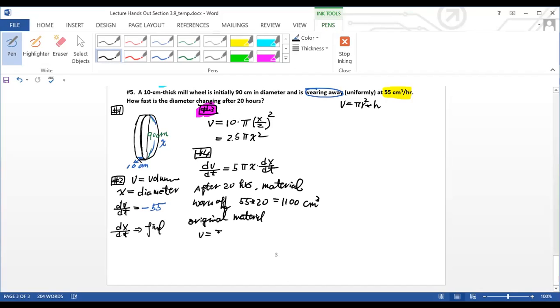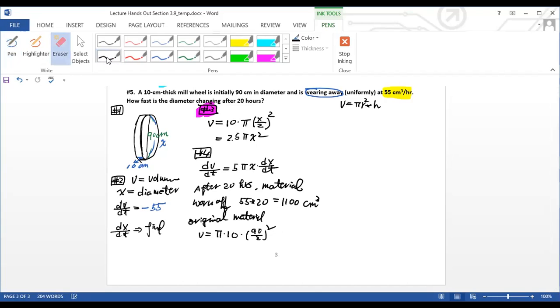So it's pi times 10 times (90 over 2) squared, right? Okay, so this is my original.